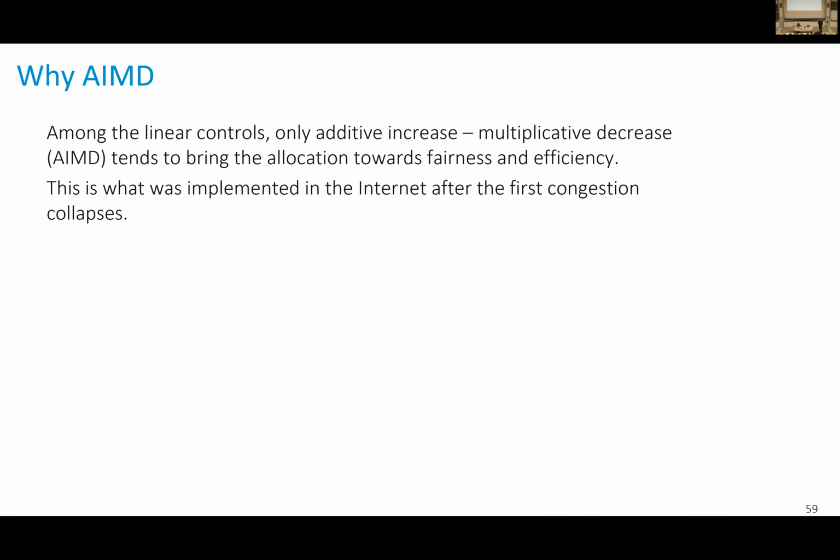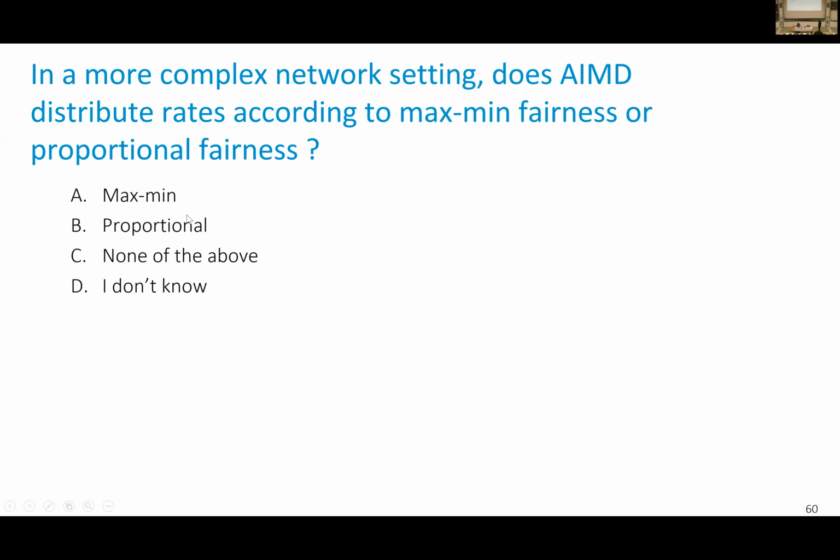In fact, the first response of Van Jacobson and Sally Floyd after the first collapse of the internet was to implement this scheme here in TCP. We have additive increase multiplicative decrease in a toy network example where the network was a single bottleneck.